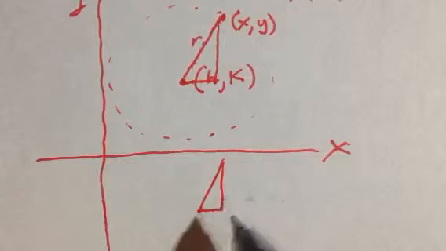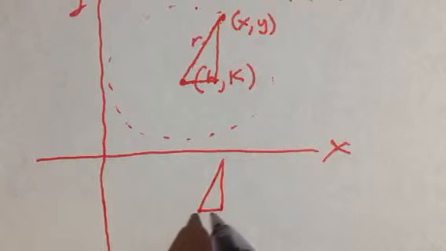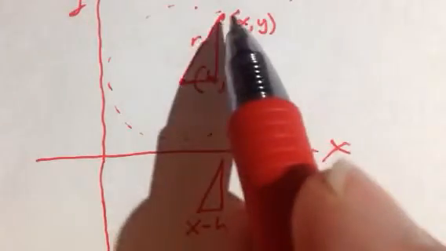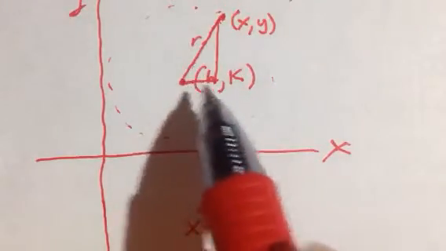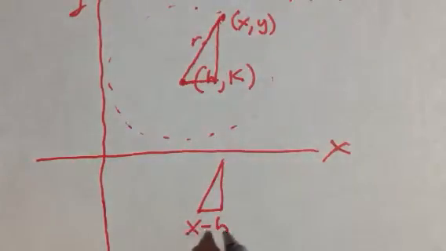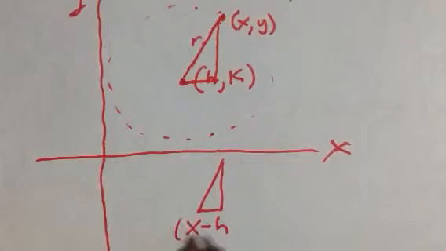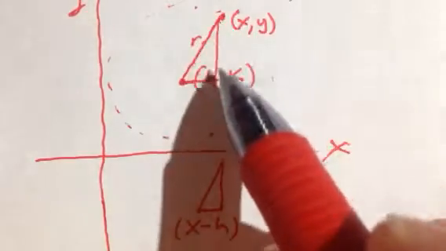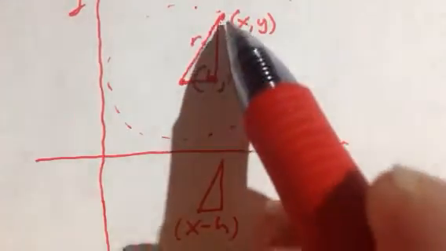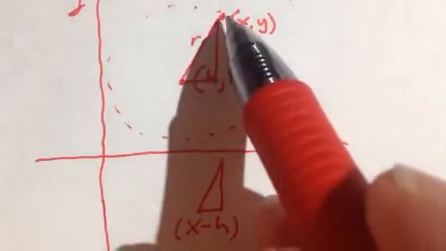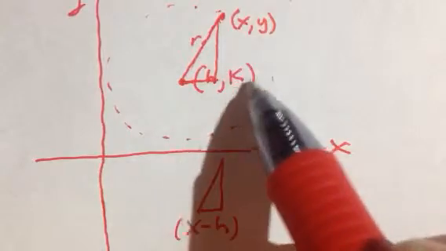Let's draw a triangle down here so we can take a look at what's happening. We know that the x distance from here to here is going to be x minus h, which is the difference in these x coordinate values. So the part of the triangle that's parallel to the x-axis is going to be of length x minus h. And if we look at y, the length of the y side of the triangle is going to be y minus k.